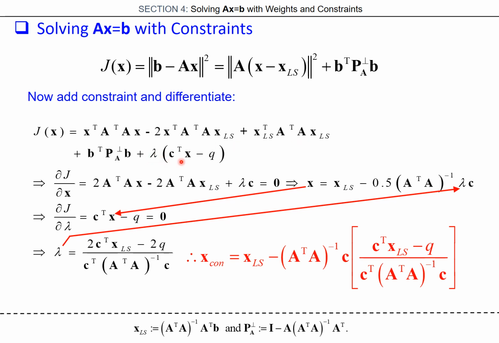Here's the constraint added, so you're just forming the Lagrangian. And lambda in this case is a scalar. And if you go through and differentiate, you get the constrained solution is equal to the least squares solution minus this term here. So that's the solution to a linear constraint to minimize that objective function.